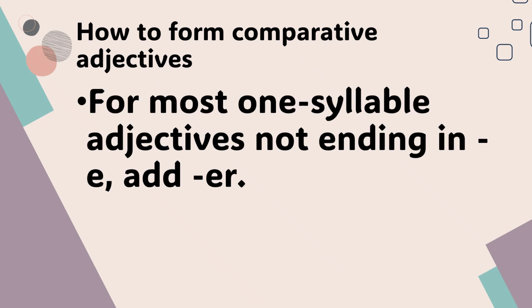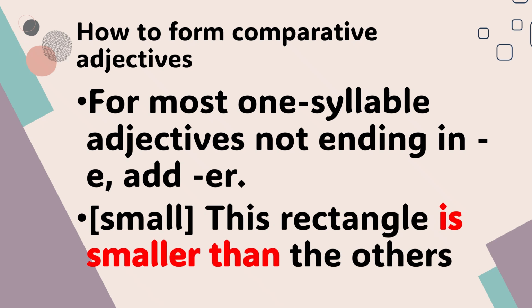For most one-syllable adjectives not ending in E, add ER. Let's see an example with the word small. This rectangle is smaller than the others.